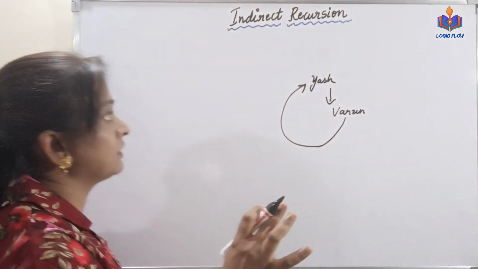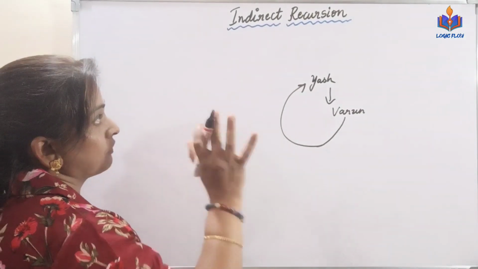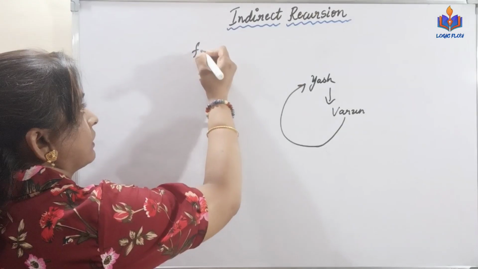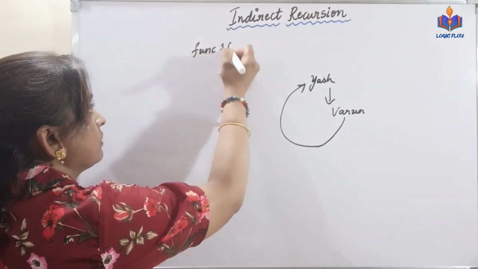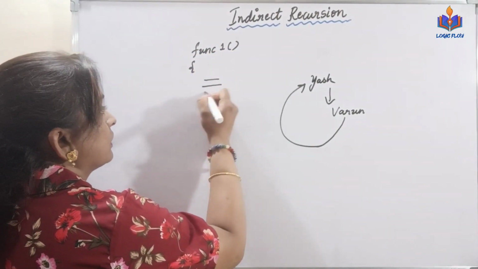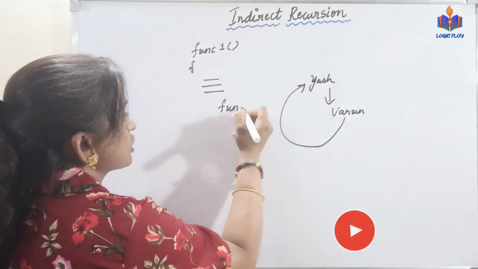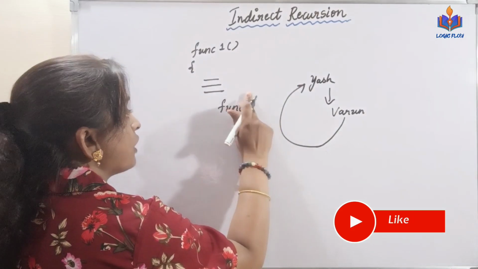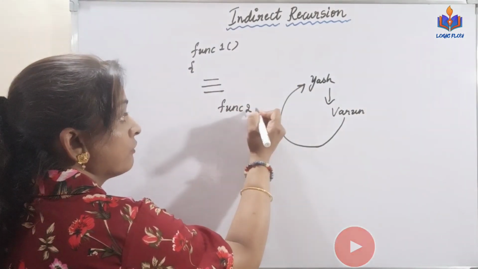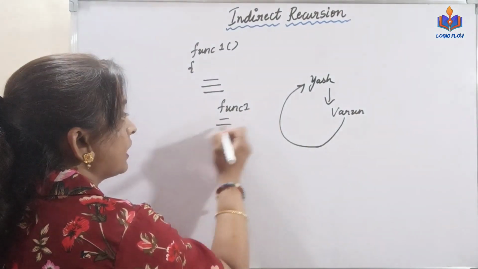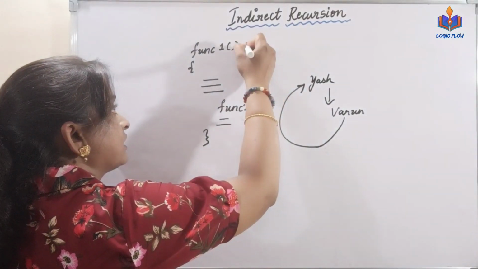Let me write an example in function form. Let me treat these as functions. Say function 1 has some statements, and inside function 1, I call function 2. If I call the same function 1, then it is direct recursion.